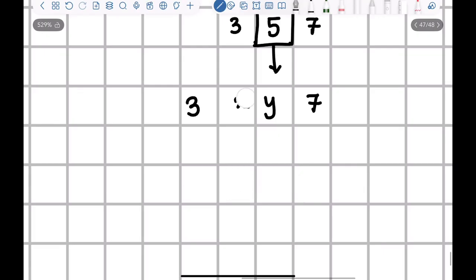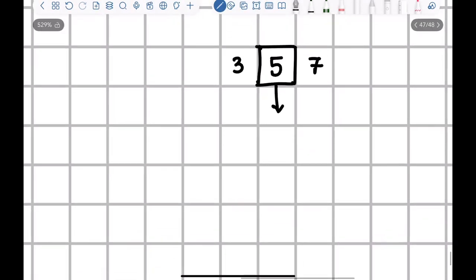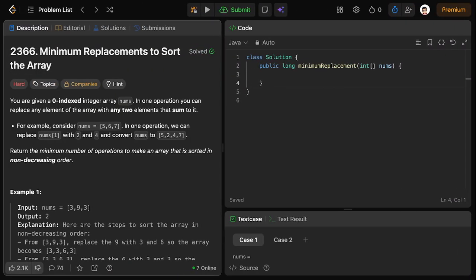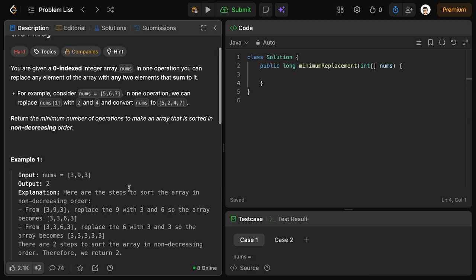So here it can be 2 and 3, it can be 4 and 1. We have to break the number down in such a way that the sum of the broken down parts is equal to the number itself. We have to return the minimum number of operations used to make an array that is sorted in non-decreasing, that is increasing order.